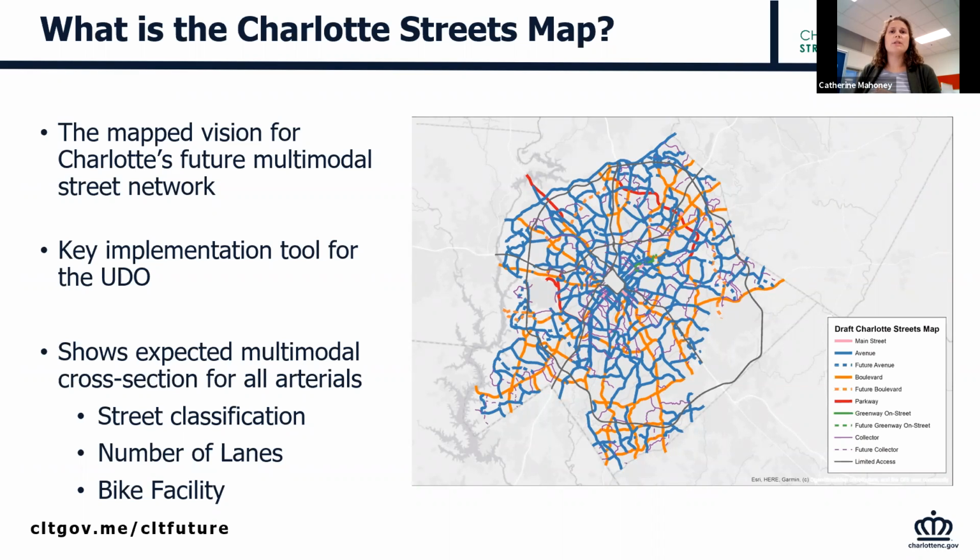Also, it's important to note that the streets map is going to work in concert with the Unified Development Ordinance, so that again, as development occurs, we're seeing the development standards happening from the building perspective as well as from the street perspective.